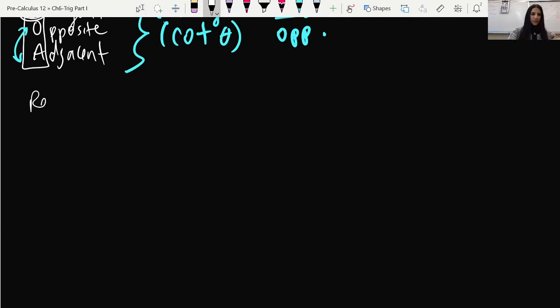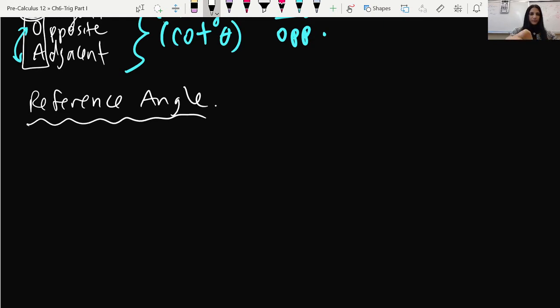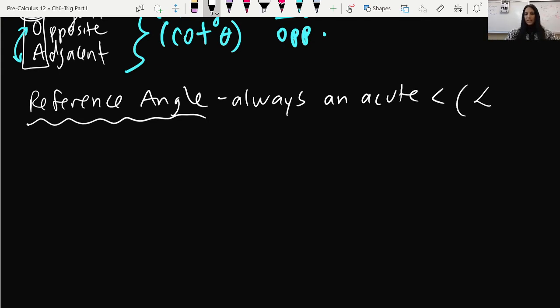And I'm first going to go through something called a reference angle. A reference angle is always an acute angle. So it is less than 90 degrees, or less than pi over 2, if that's what we're looking at.